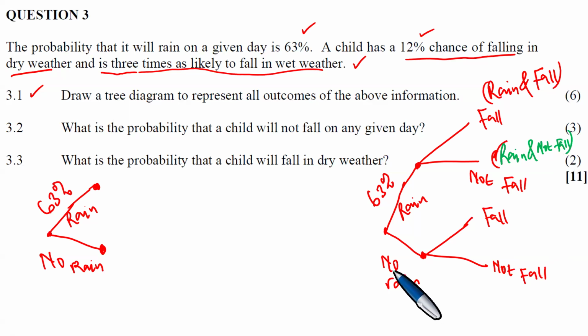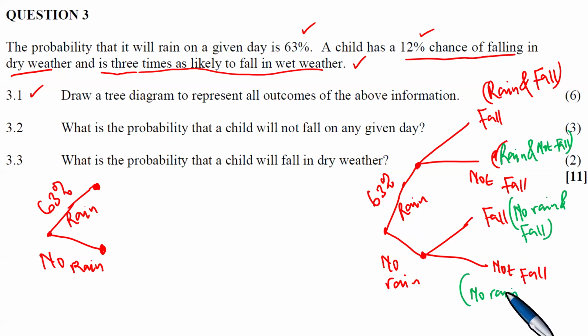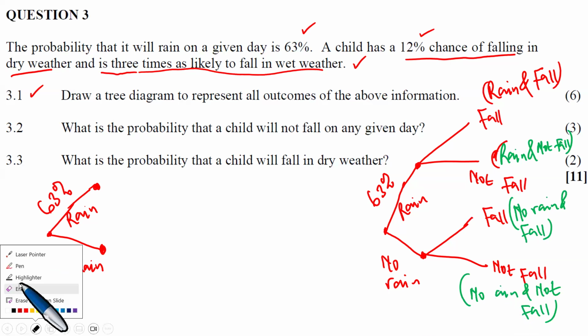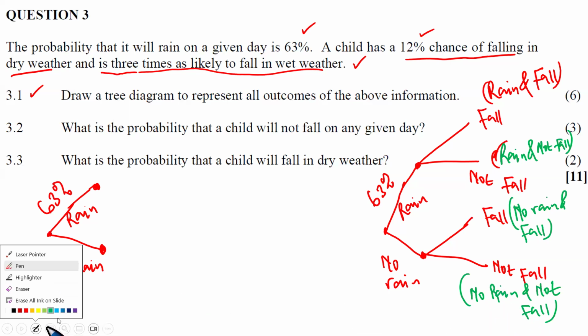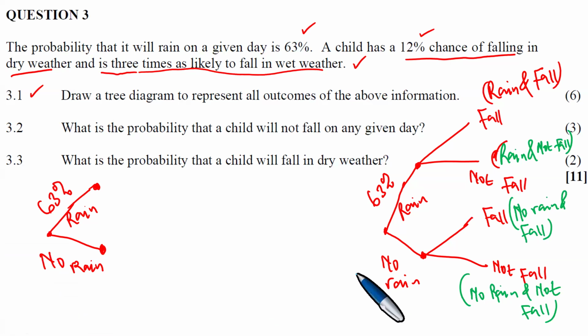Here there is no rain and the child falls. Here there is no rain and the child does not fall. No rain, the child does not fall. Okay, we're good. Let us just complete this quite quickly.